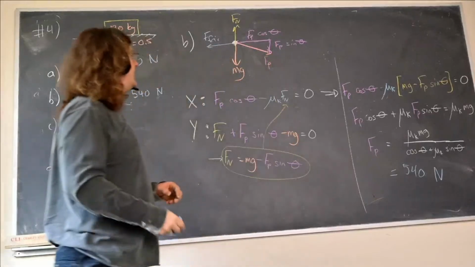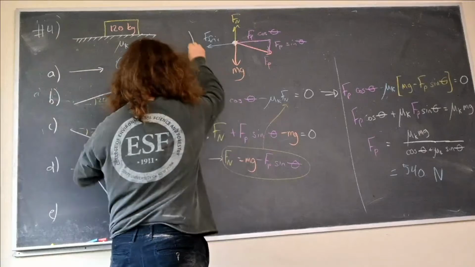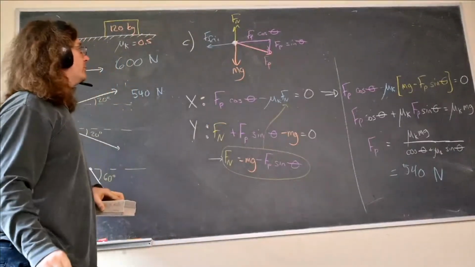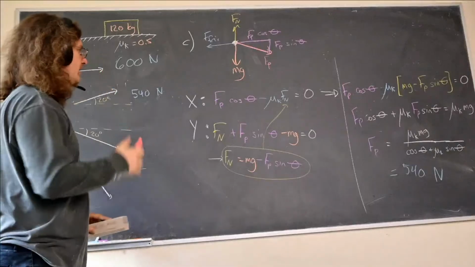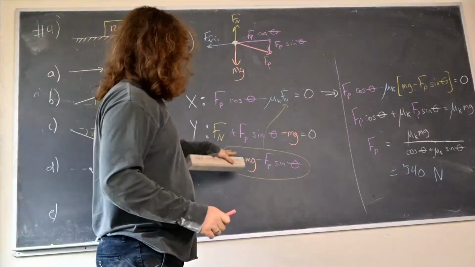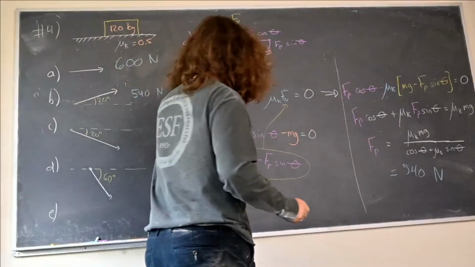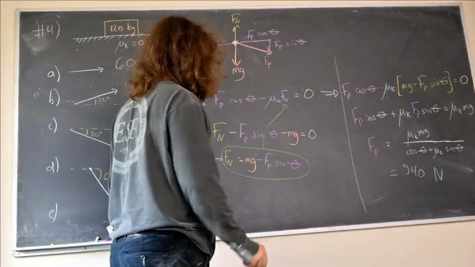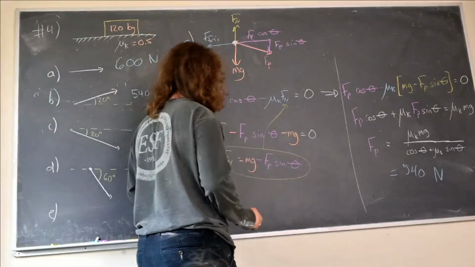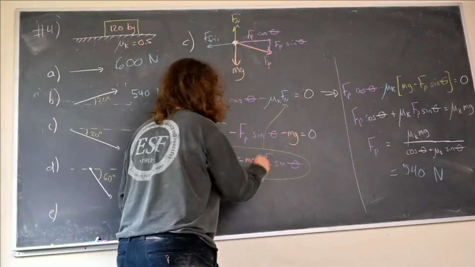But now, for part C, which I am working on, I'm just going to take my work from part B, and I'm going to change some signs. So in the y direction, now rather than this being up, this is now down. So that sign has changed, which means this sign now changes.